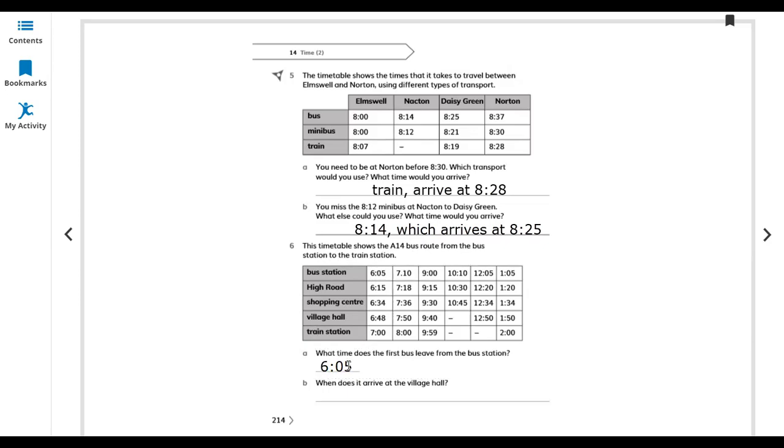The time is 6:05. The first bus left the bus station. Okay, when does it arrive at village hall? If starting at 6:05, then at village hall it will arrive at 6:48.